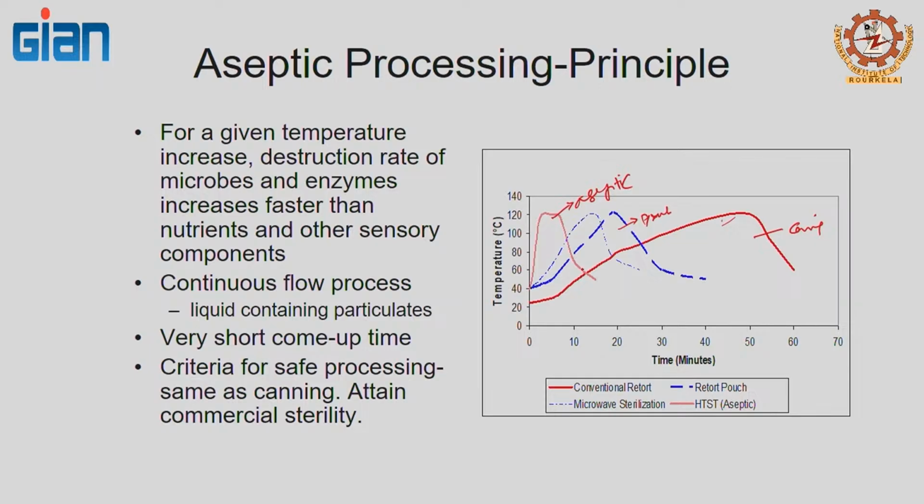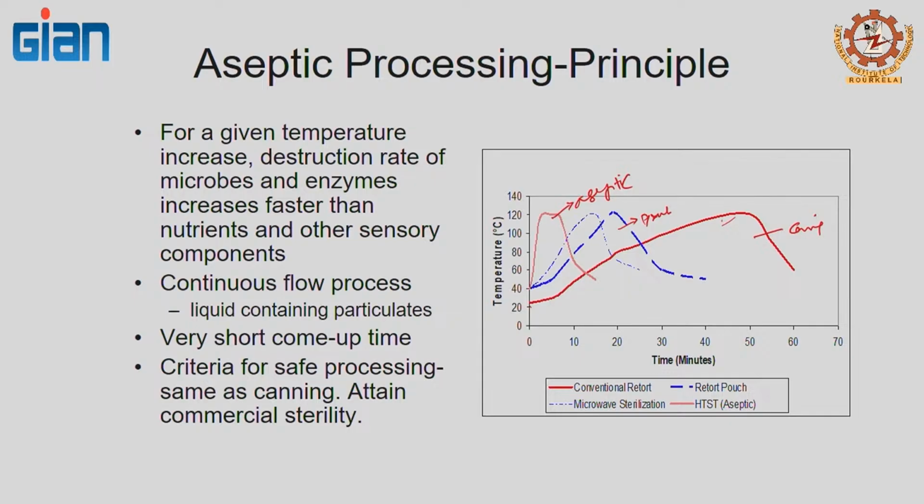If you look at here, you may be reaching 120 Celsius, whereas that temperature can be accomplished much more quickly with this, and then you hold it, and then you cool it down. So this has a very short come-up time, so that's how you can achieve much better quality of the product.